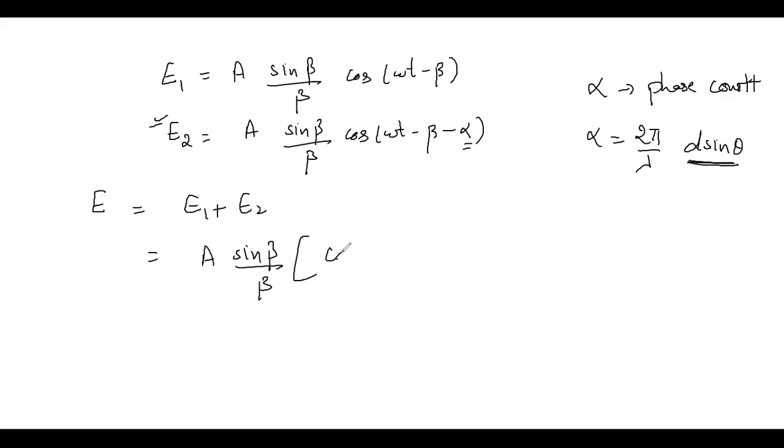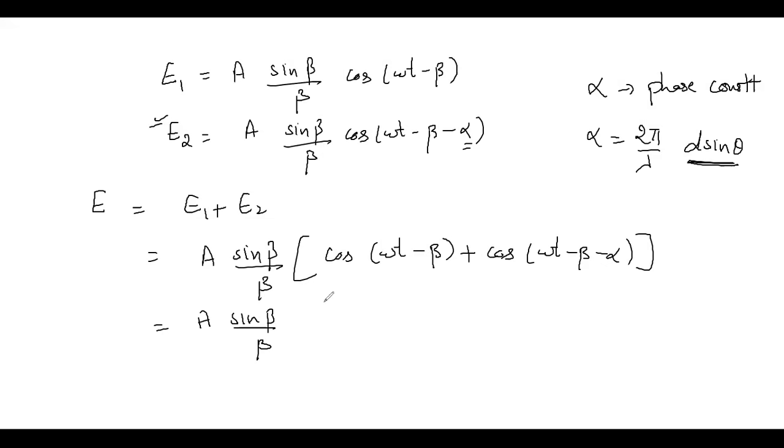And then in the bracket, you will have cosine of omega t minus beta plus cosine of omega t minus beta minus alpha, multiplied by A sine beta over beta. Cos A plus cos B is nothing but 2 times cos of (A plus B) over 2 into cos of (A minus B) over 2.